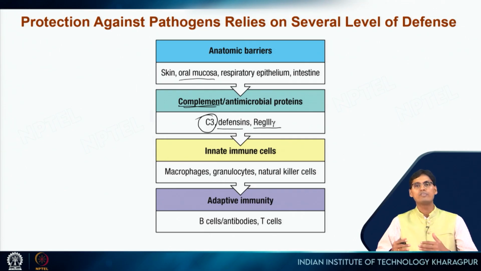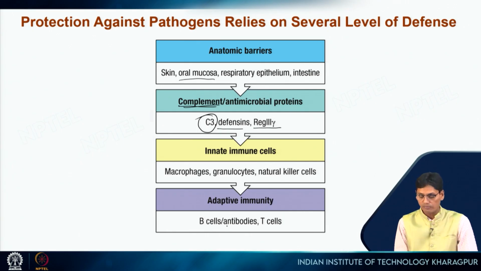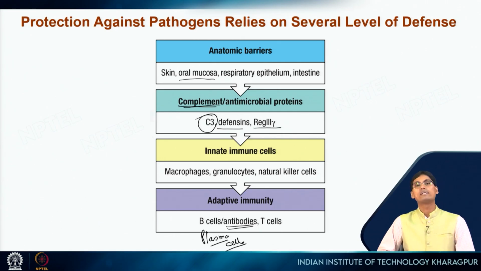Over time, if it is not taken care of, our adaptive immune system comes into place, particularly T cells and B cells, and B cells will make antibodies. When B cells get differentiated and matured, they make antibodies; those are called plasma cells. Together, the innate and adaptive immune systems protect us from infection. And this is all about the introductory part.